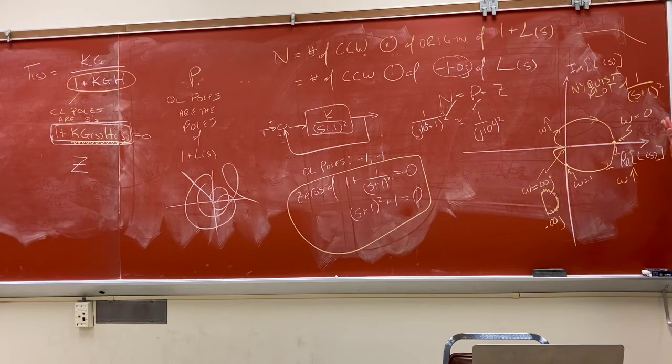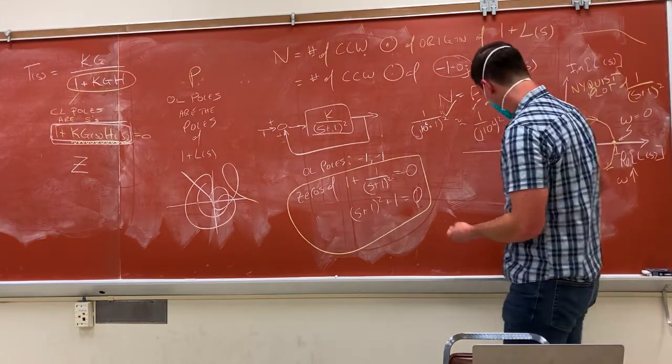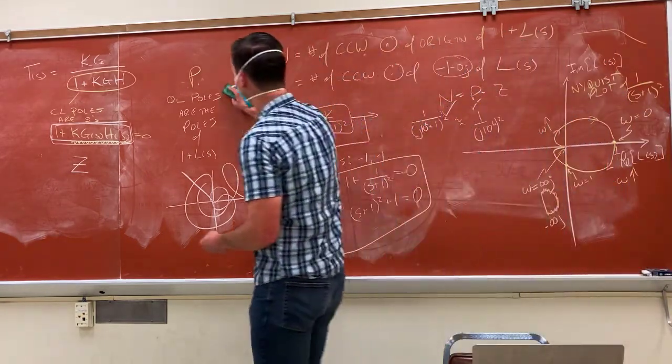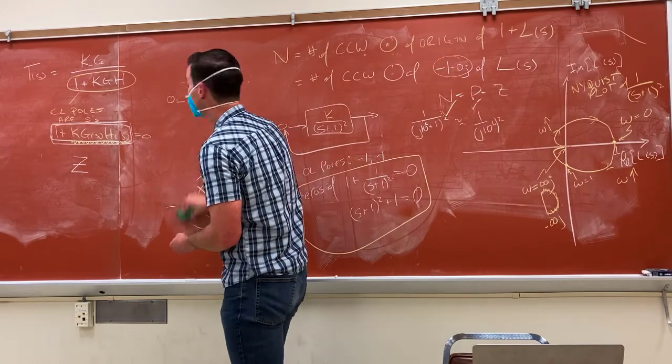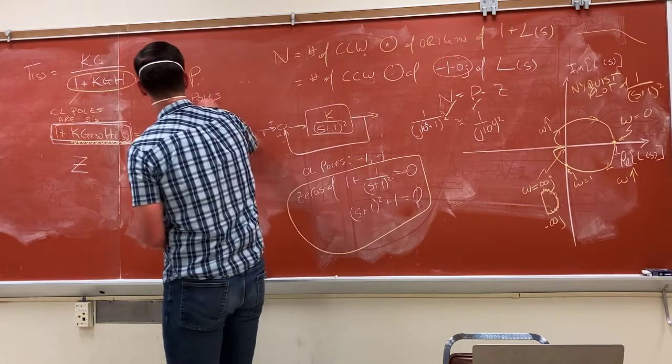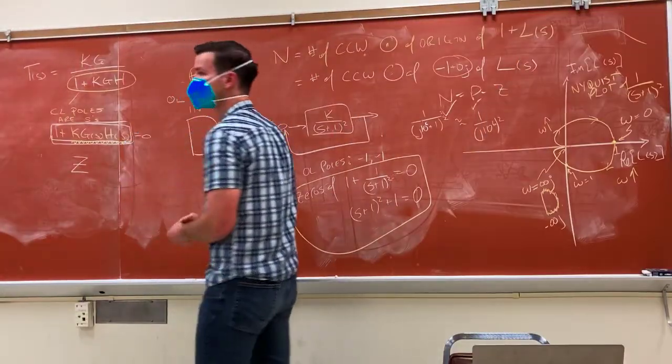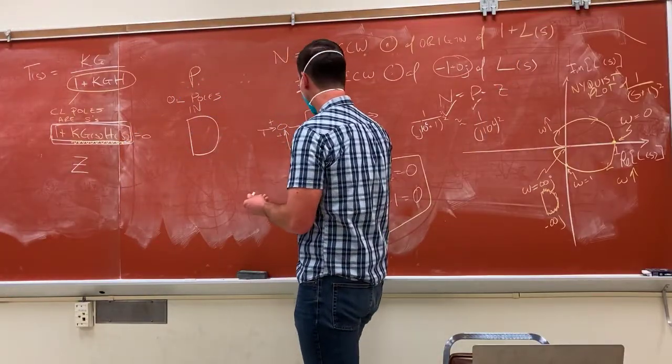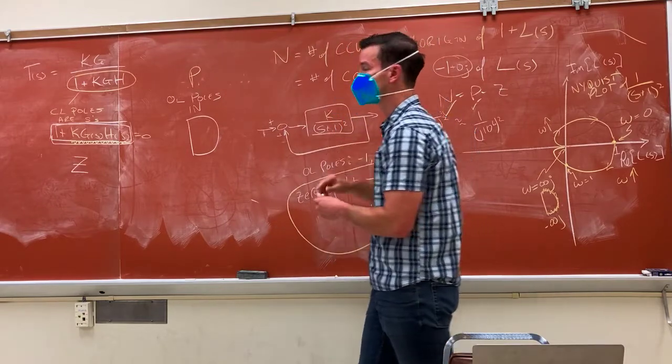Any other questions on this, Ethan? Did you go over from P to N to Z, like how you got those again? For this problem? Yeah. Okay, so P are the open loop poles in the Nyquist contour. For us, that was none, because they're both at -1.